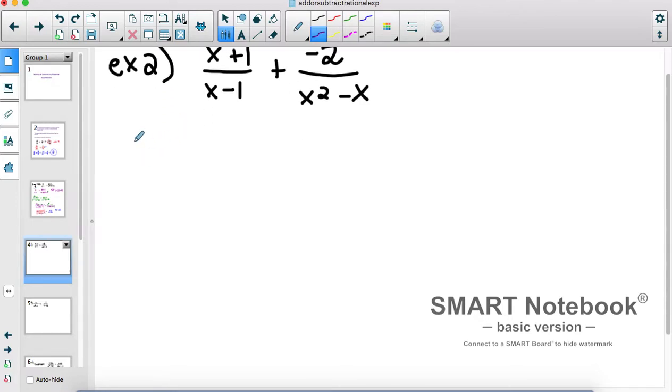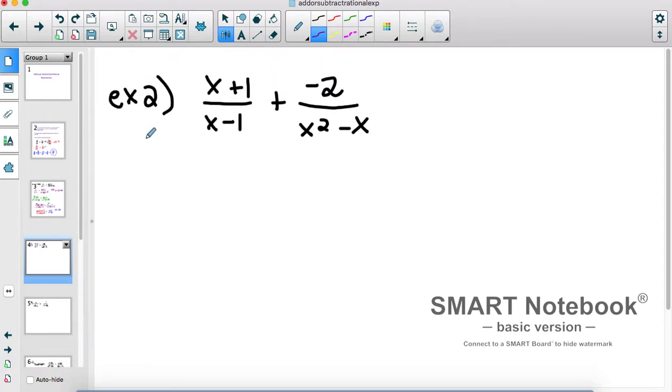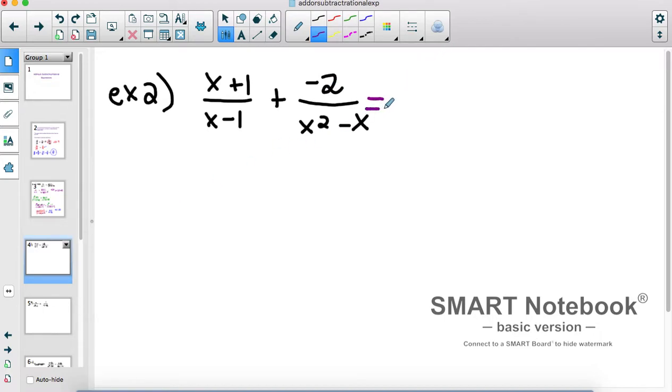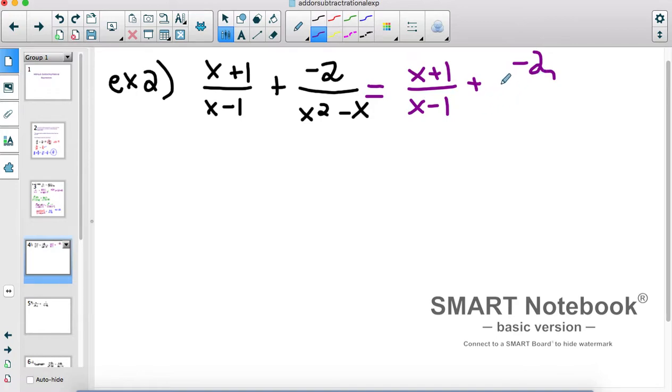I'm just going to rewrite it. x plus 1 over x minus 1 plus negative 2. I can't factor anything from that first fraction, but here I can take out an x. The greatest common factor is x, so this is x times x minus 1.